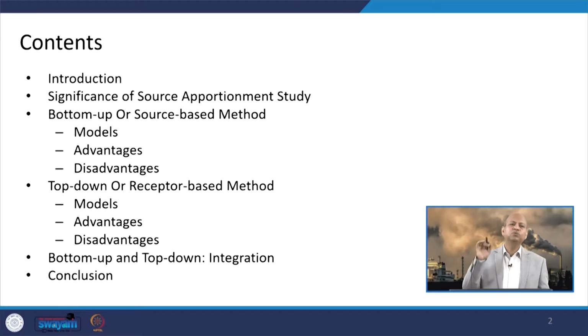Then we will look into the top down approach or receptor based method models and their advantages and disadvantages, and then the possibilities of integrating both approaches so that we can have a win-win situation, with the best features of both approaches, and then we will conclude.